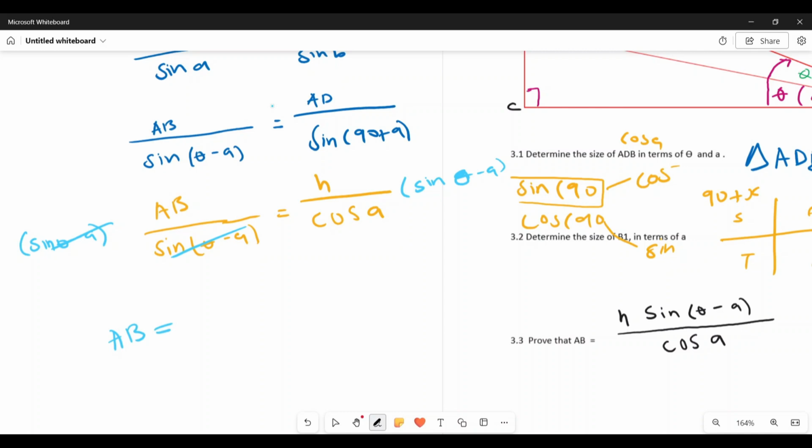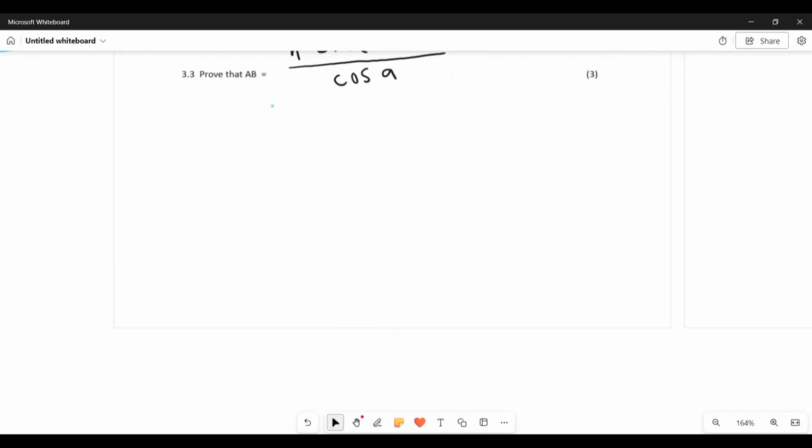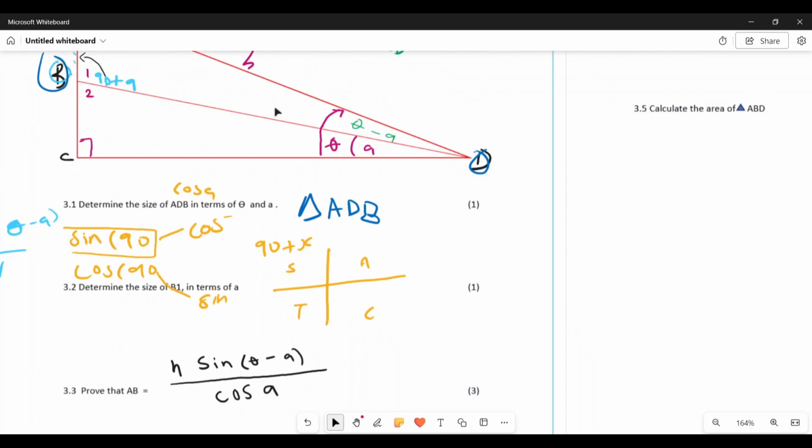It is equal to, so I can multiply numerator by numerator, denominator by denominator, and my numerator would have H multiplied by sine theta minus A, all over cos A. And this would be my final answer. All right, and that will be all for this question.